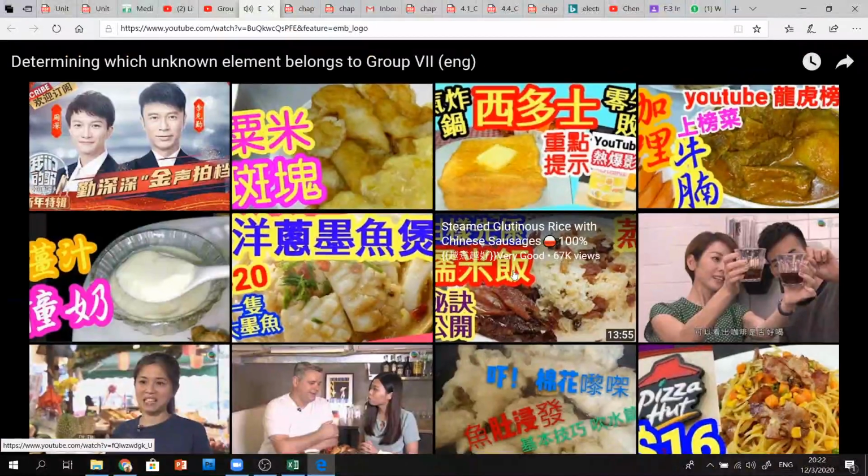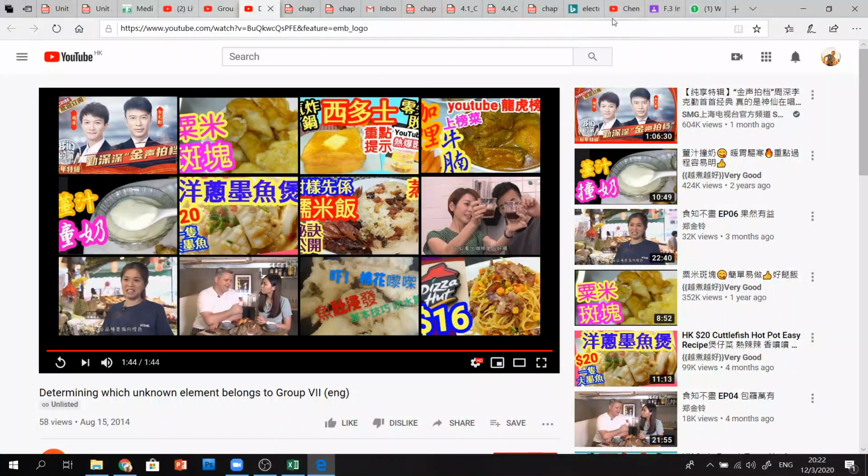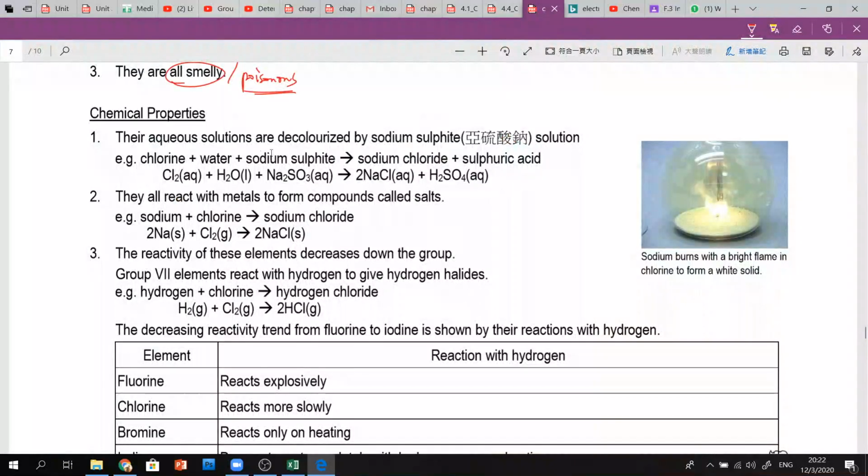So from this video, we know something more about the chemical properties of halogens: they will cause decolorization with sodium sulfite solution.